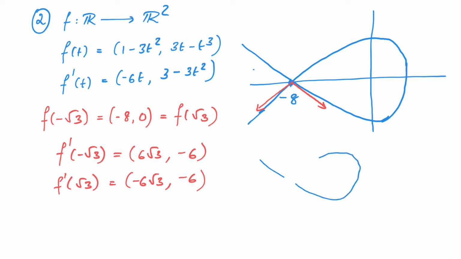There is one more way to resolve this conflict at (-8, 0). That is to look at the graph of this function rather than the image of this function. Notice that the graph of this function does not intersect itself, and therefore we can uniquely determine a tangent at all points. However, there is a slight issue. This tangent line that we get is a line in R3 instead of R2.